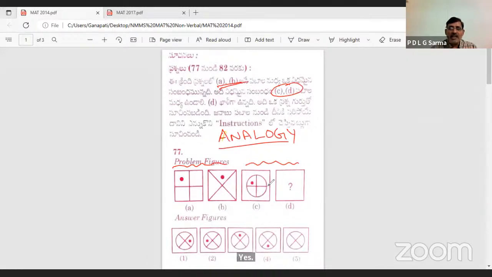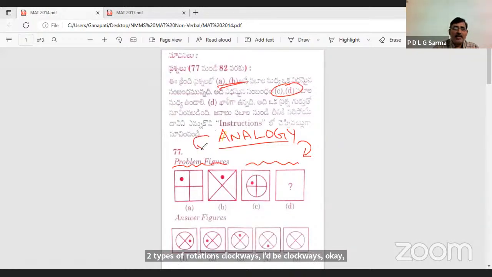Okay, the dot is here, and you can find the dot here too. What makes the difference? What we have to understand here is that in these figures you can see the rotation of the dots. There are two types of rotations, clockwise and anti-clockwise. How is the figure rotated, and through what angle?